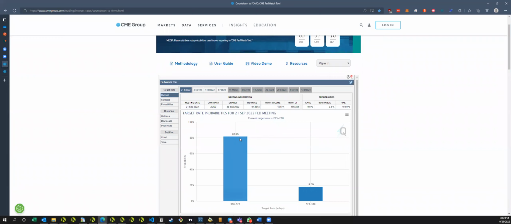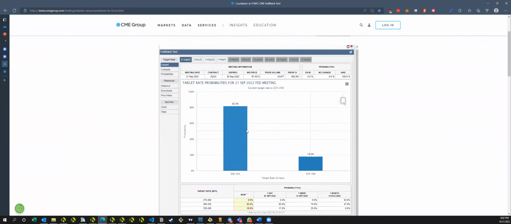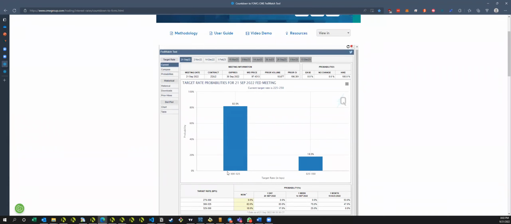For the 21st of September 2022, there is an 82% probability that it will be a 75 basis point increase from the current 2.5% interest, and then 18% for 100. If you compare the day-to-day values, 2 days back it was 64% and 36%, and now there's a solid 82% for a 75 basis point increase.